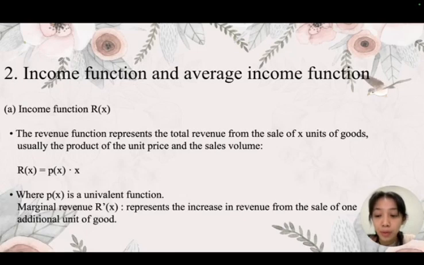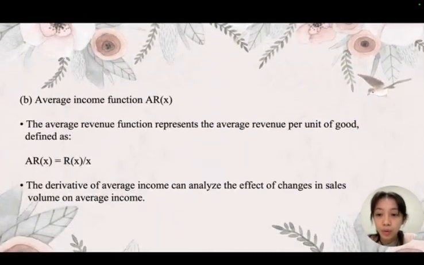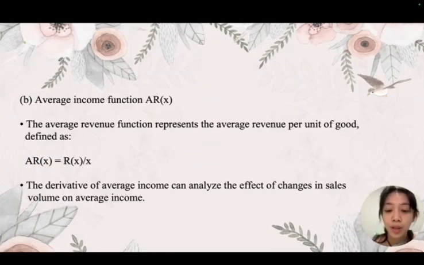Marginal revenue represents the change in revenue from the sale of one additional unit of good. The average revenue function represents the average revenue per unit of good. The derivative of average revenue can analyze the effect of a change in sales volume on average revenue.